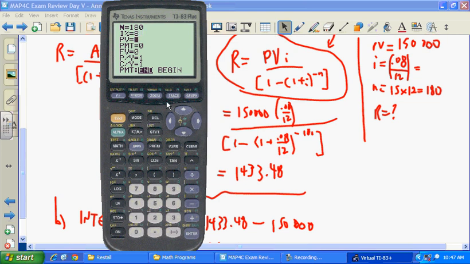The calculator will allow us just to put in the 8% straight in there. I don't have to divide by 12, or make it a percent. Present value is the $150,000 that Ferd bought. He'll have it paid off in the future. Payments per year and compounding per year is 12. And then I go alpha solve for the payment, and I get exactly the same thing. Awesome.